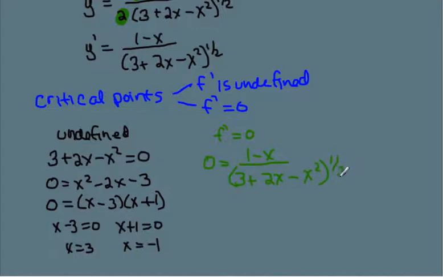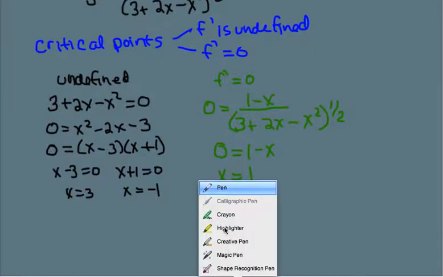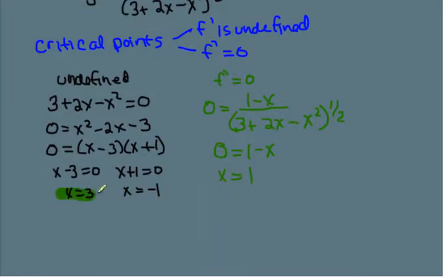What happens nicely with this problem is when I cross multiply, this just goes away. So I'm left with 0 equals 1 minus x. If I add x over to here, I get x equals 1. Okay, so now I have developed 3 critical points: at 3, at negative 1, and at 1.